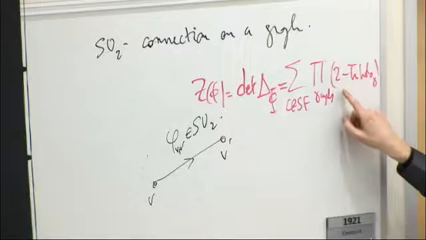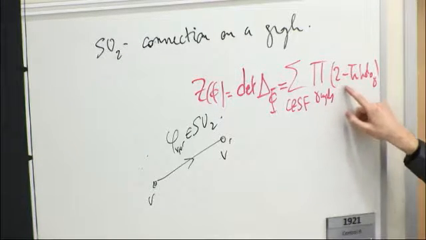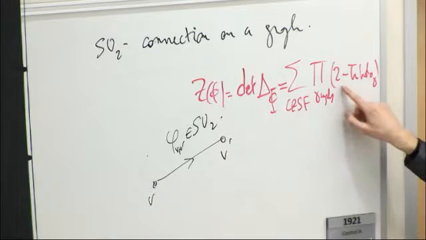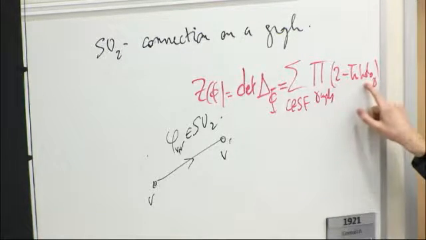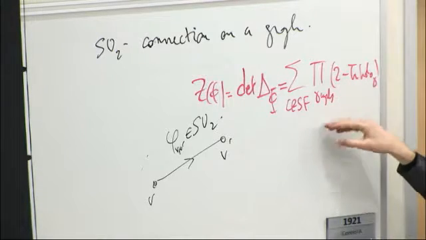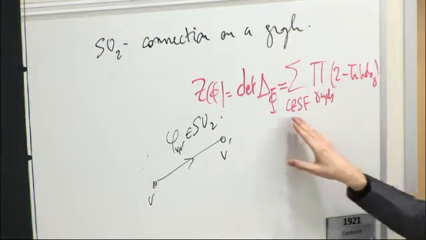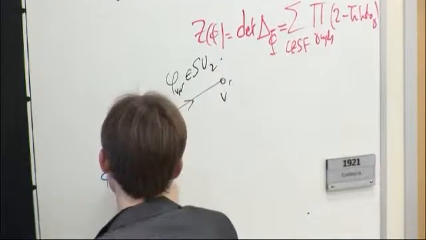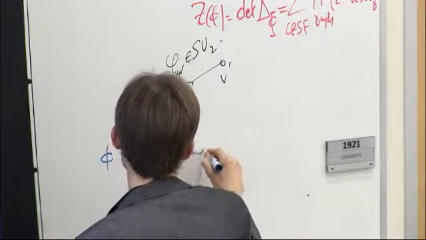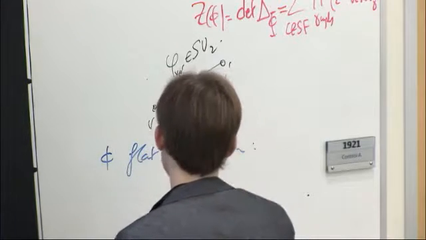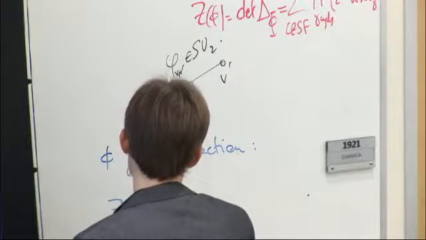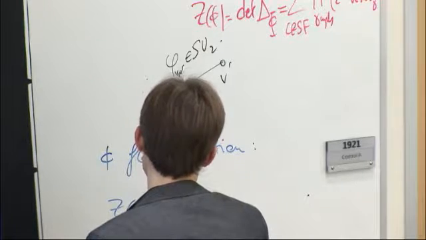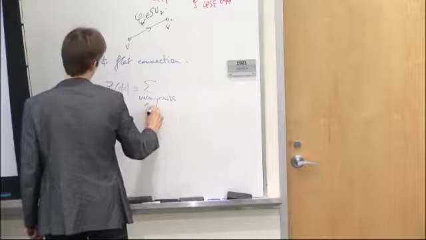This means that no contractible curve can count in this sum for a flat connection, because the trace of the identity is 2, and 2 minus 2 is 0. So if you consider a flat connection, z of phi is a sum over incompressible CRSFs.